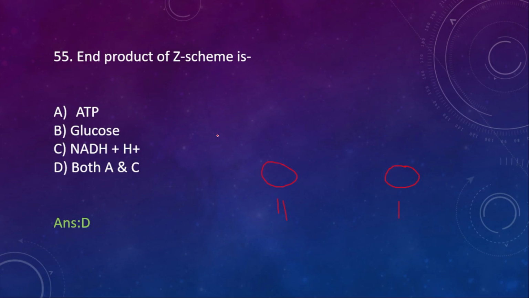Whenever the light energy, or light wavelength in the form of quantum, is absorbed by chlorophyll A, the electron is excited and then accepted by the primary acceptor. Then next it flows to the electron transport system. Here in the electron transport system there will be production of what? ATP.